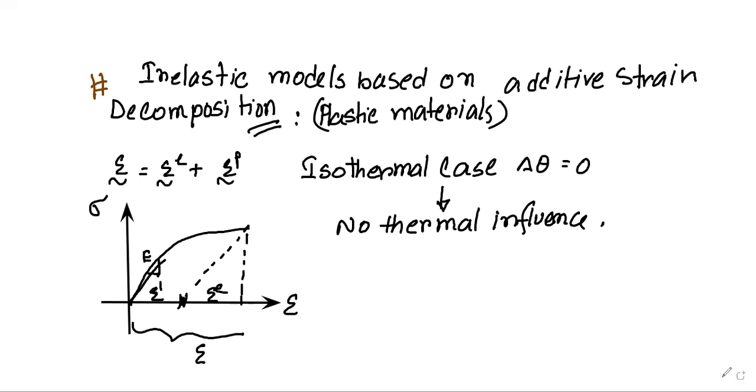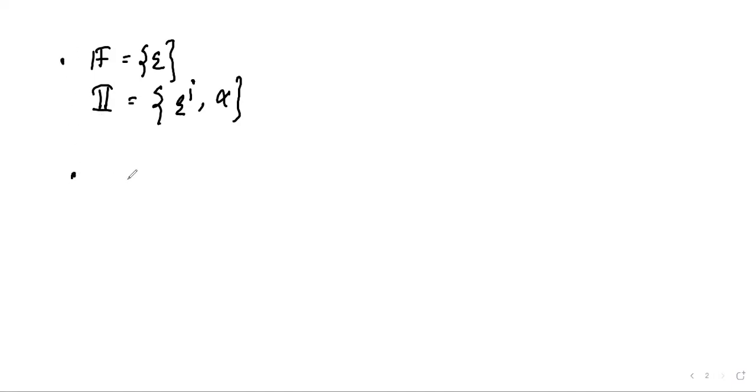To model this, first step is to identify the free variables. The free variable is the total strain epsilon that is measurable. The hidden variable is the inelastic strain epsilon I, and alpha, another parameter that takes into account the microstructural behavior. Then we have to identify the evolution equation.